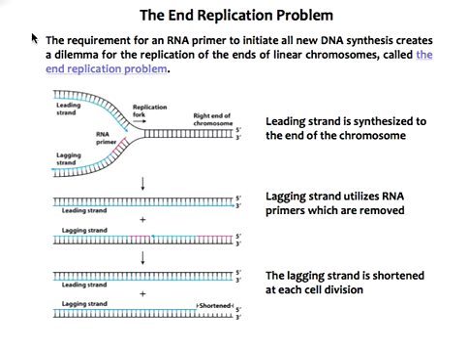A big problem that eukaryotic chromosomes face is called the end replication problem. As the name suggests, this problem arises at the end of the chromosome. So this one is the continuously synthesized leading strand, and this one is the discontinuously synthesized lagging strand.